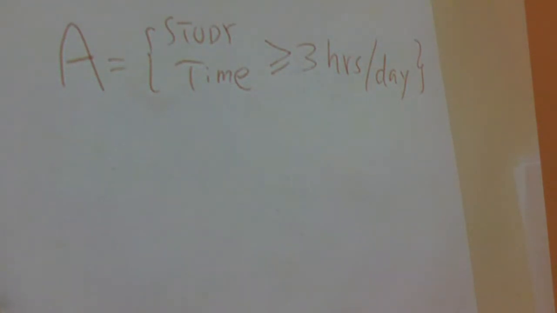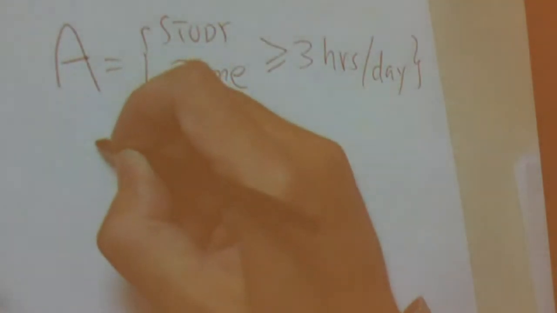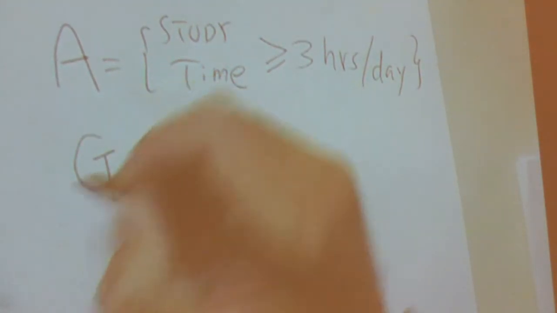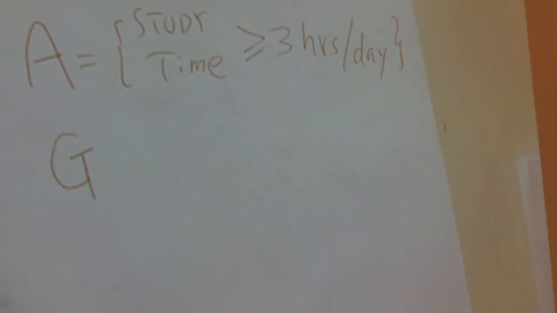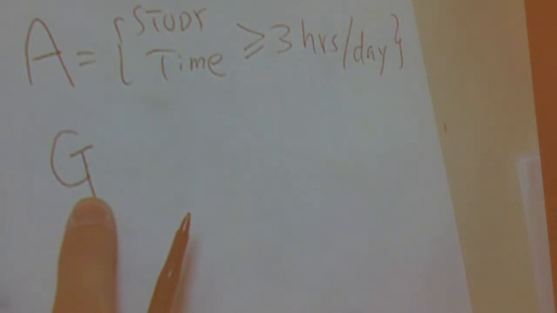Let me read the question. 25% of students study at least 3 hours per day. 40% of students who study at least 3 hours per day have a GPA of 3.0 or better. So that means we have a GPA event. You can use any letter, okay? You can use B or C or any letter, but I prefer to use a G to represent the GPA. I think that's more meaningful.